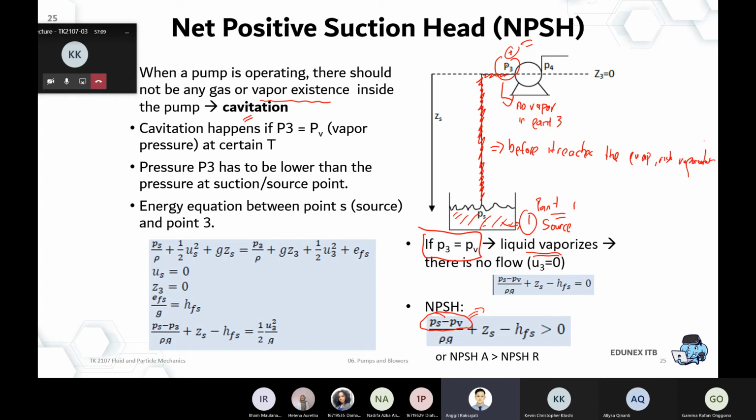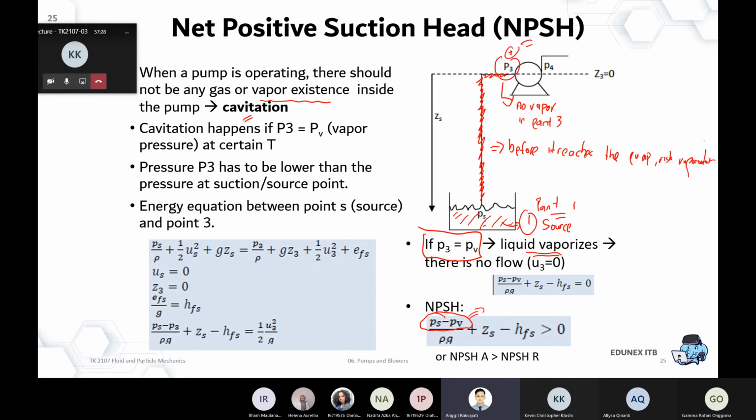Okay, and P3 could be lower than PS. As we observed before, there could be some pressure drop along the way. So we have to make sure that the pressure drop between the source and the pump is small enough that vaporization will not occur. Okay, so when P3 is equal to PV, we have cavitation.